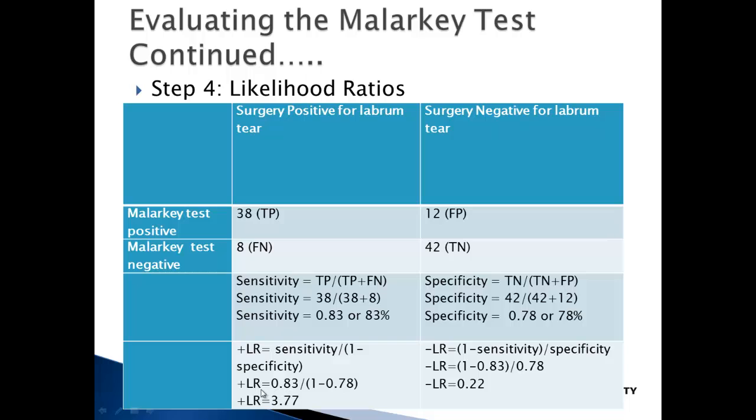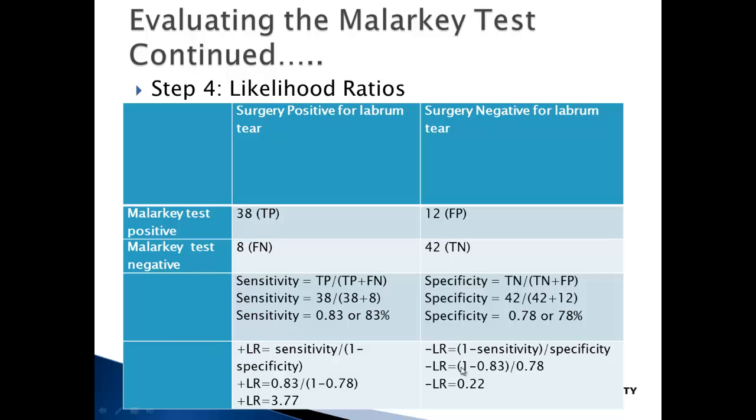So as we do the calculation, we get a positive likelihood ratio of 3.77. So the larger that number is, the larger the positive likelihood ratio is, the greater the shift in post-test probability. In other words, the more likely it is this test is going to help us come up with a true positive result. Okay, we'll talk a little bit more about the interpretation in just a minute.